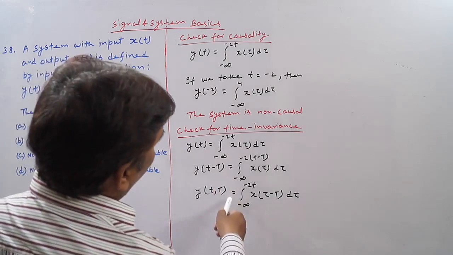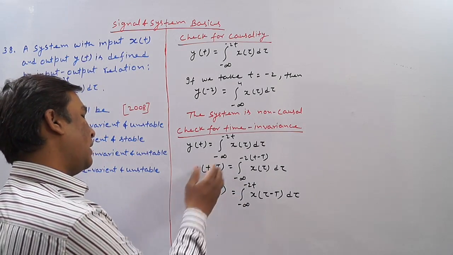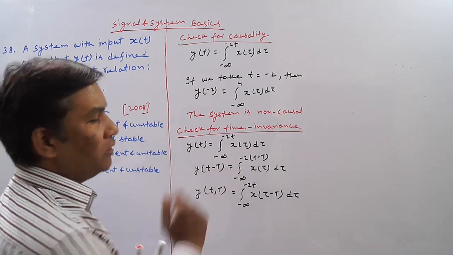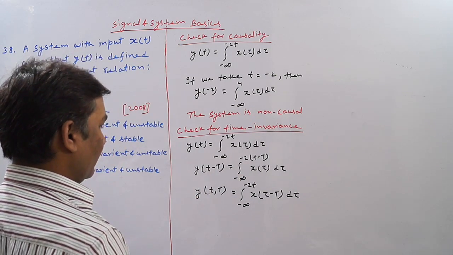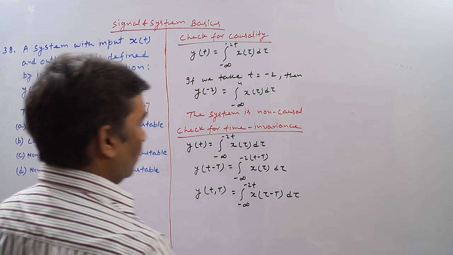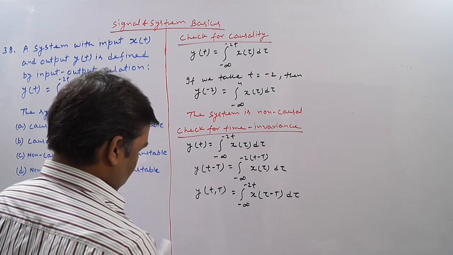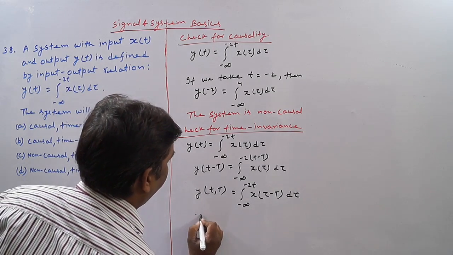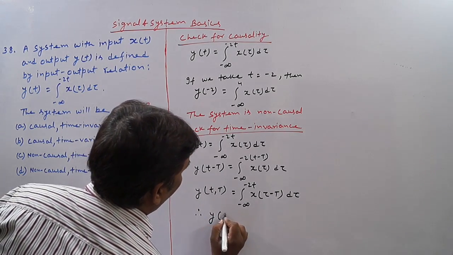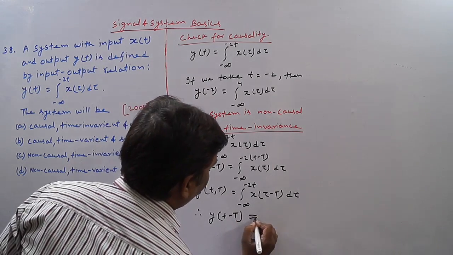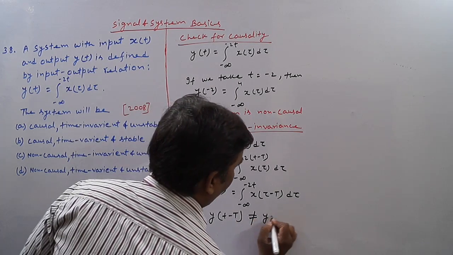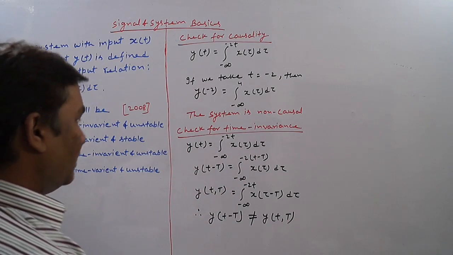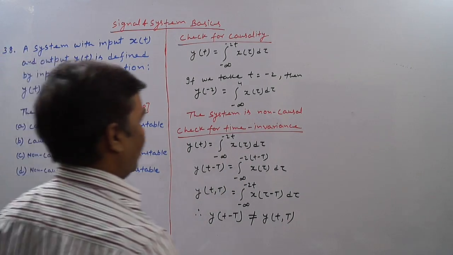So both are not the same. Hence y(t minus T) is not equal to y(t, T), and the system is time variant, that is, not time invariant.